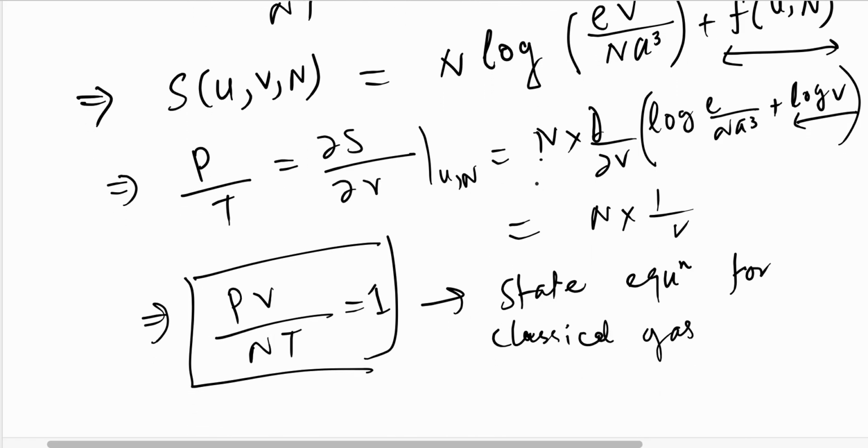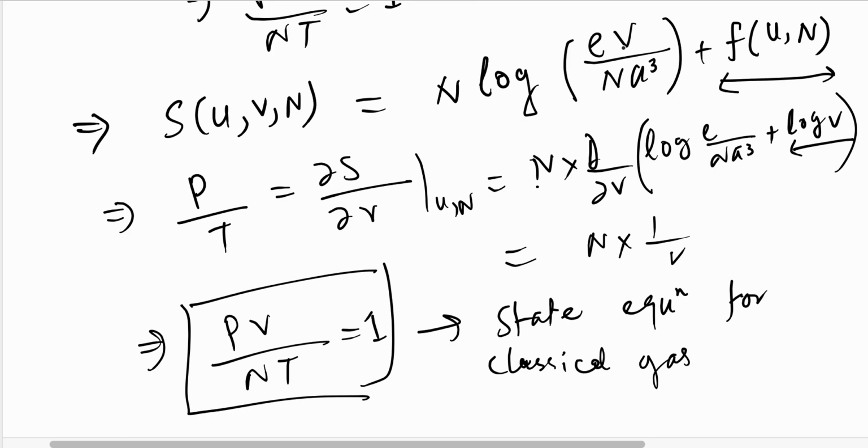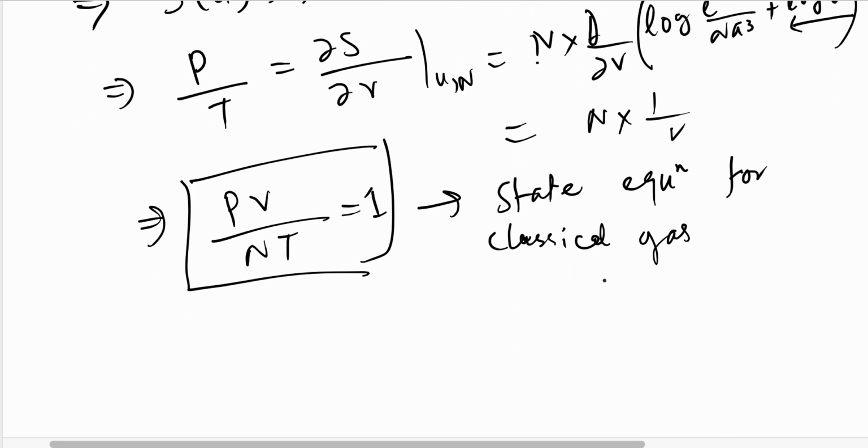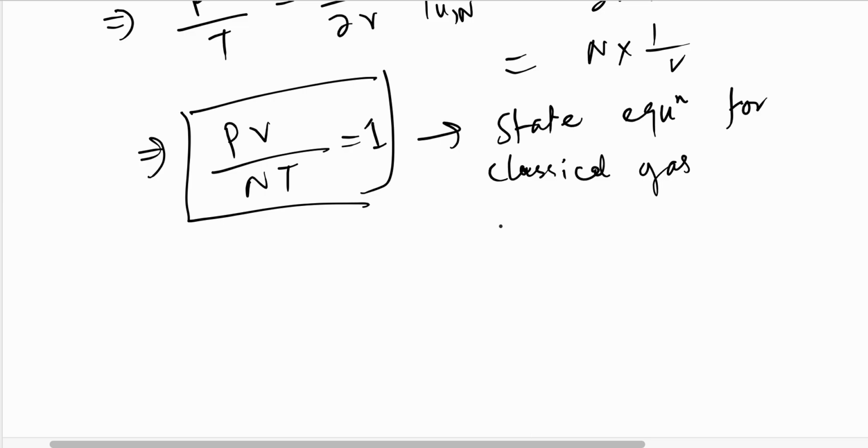Implicitly in the formalism, since N is written there, it is taken care of that all the gas particles are identical. That means if I interchange these two particles, that state will not be a different microstate from the other.